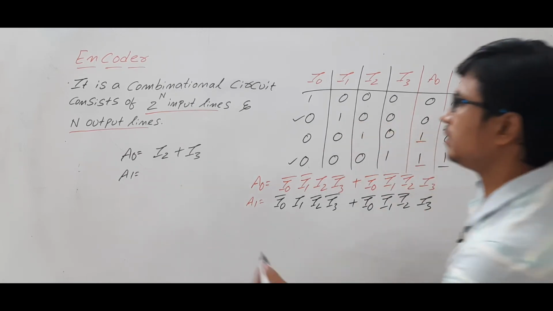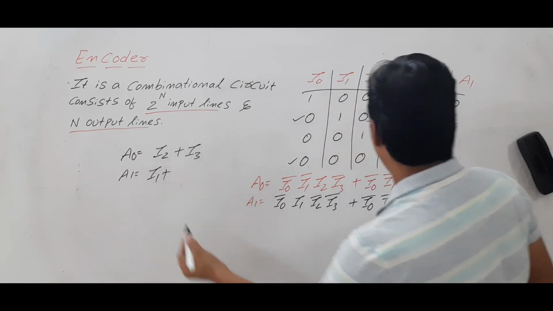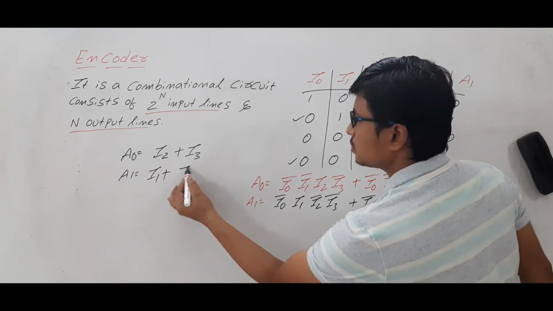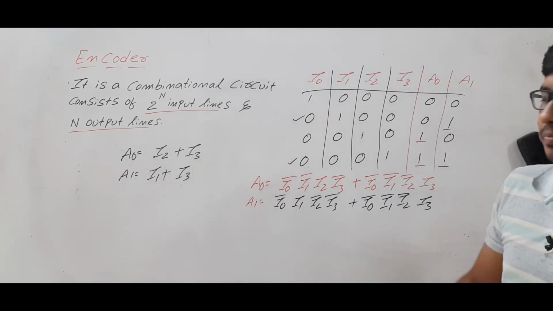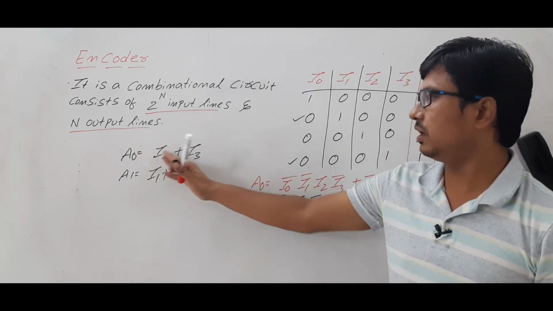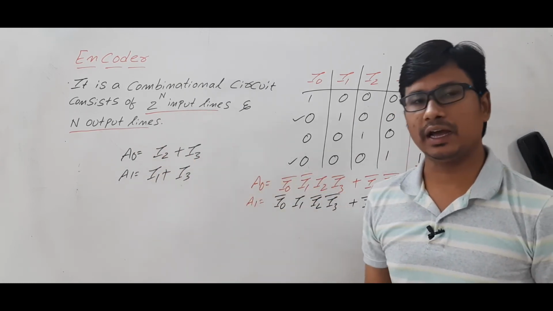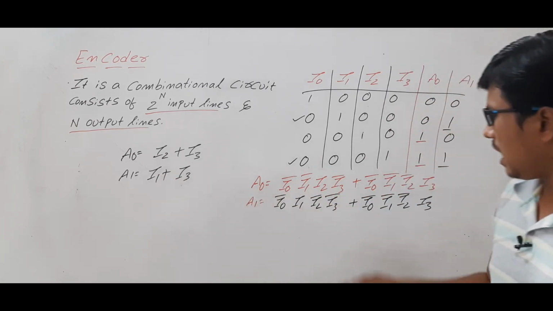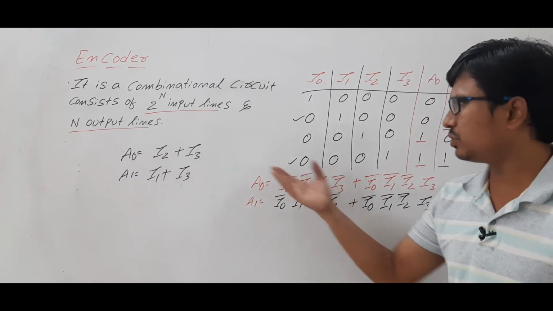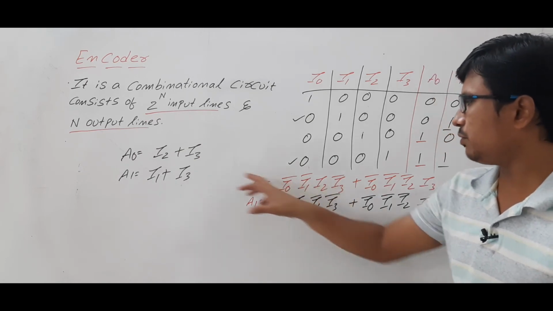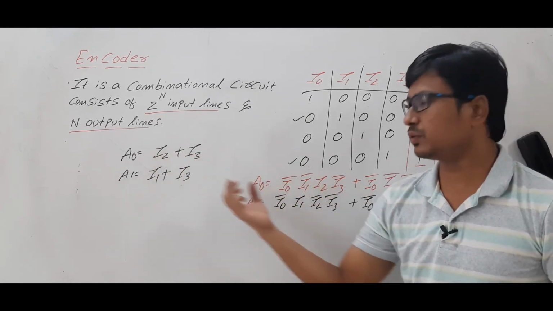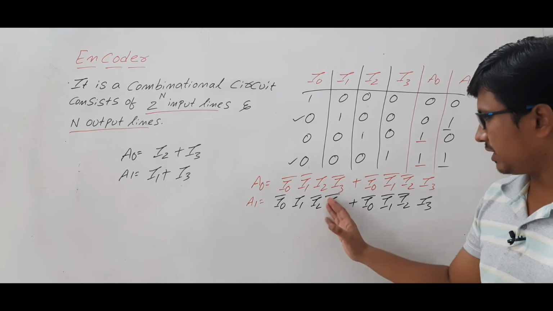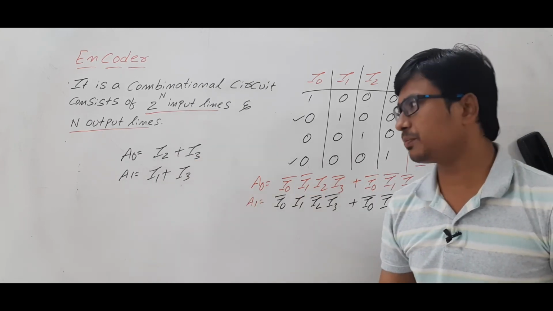Where it is I1 or I3. So they will simply represent the combinational circuits with the inputs I2, I3 and I1. Both are correct. Am I right? Wherever the 1 is there, they have taken that one. Zeros they have neglected. We can represent it like this, we can represent it like this.